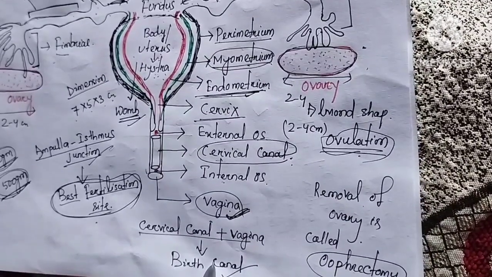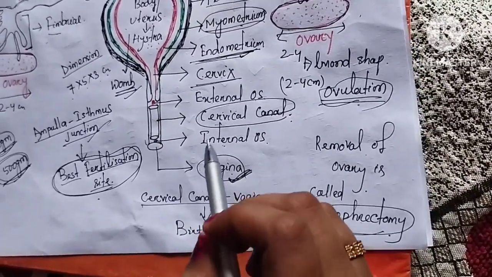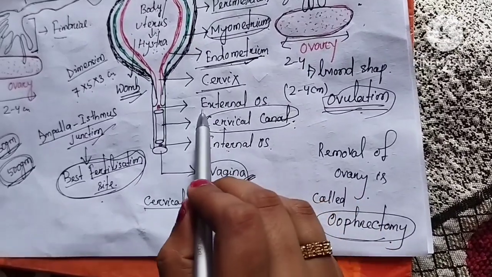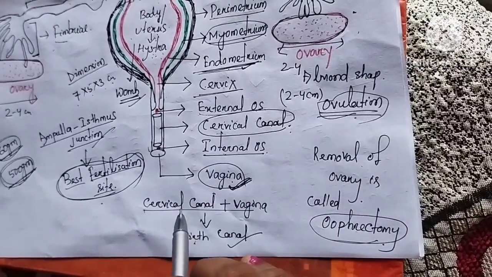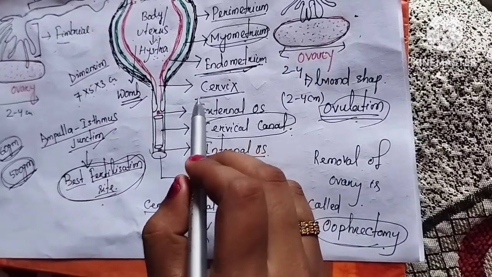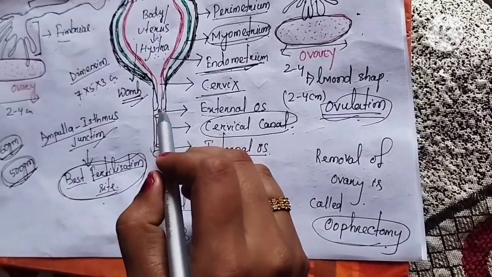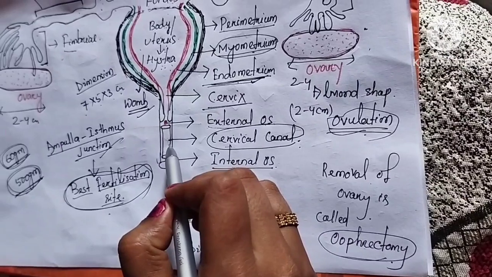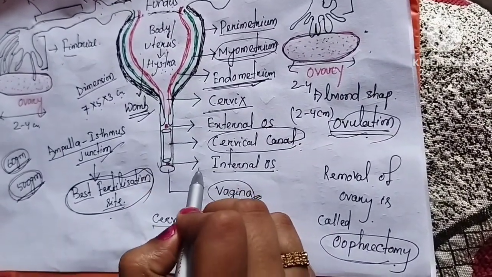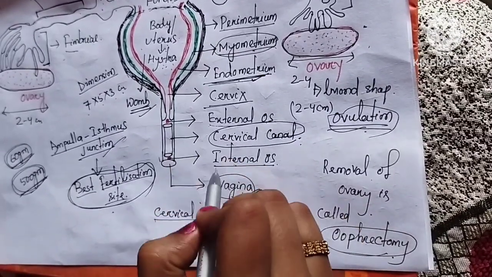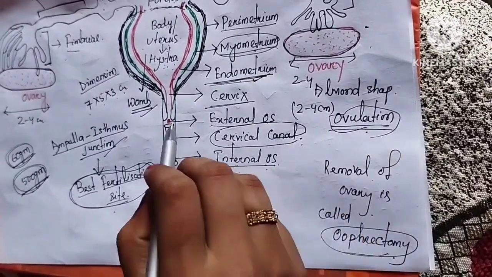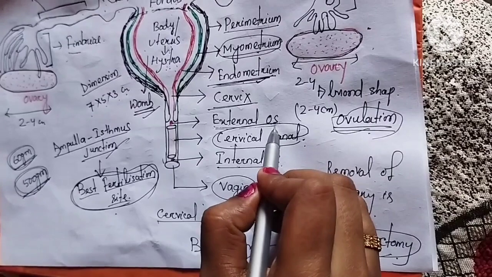This canal lies between the external os and the internal os. The cervix is the narrow part that opens into the body of the uterus by the internal os, and into the vagina by the external os.